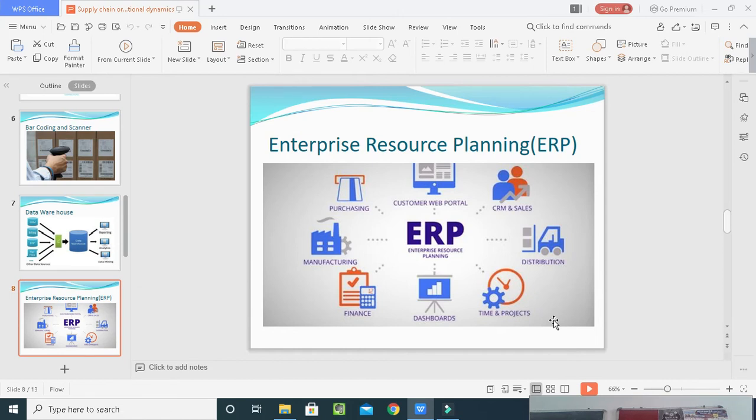Next one is ERP, Enterprise Resource Planning. Many companies nowadays view ERP systems, for example SAP, BAAN, PeopleSoft, etc., as the core of their IT infrastructure.